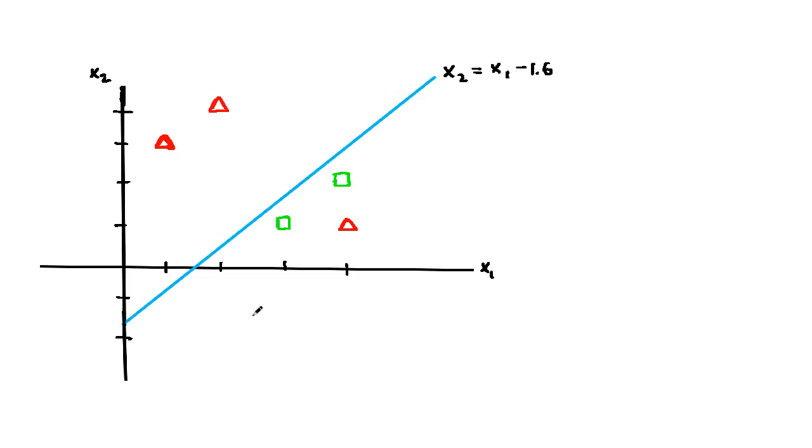So that's the region below the line. Any points here would be classified as being of class 1. Any point above this line will be classified as class 0.